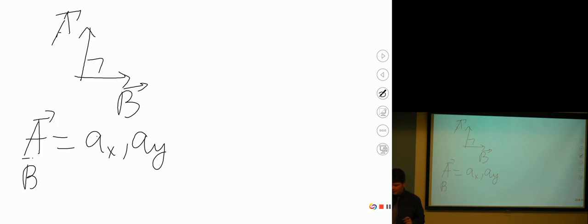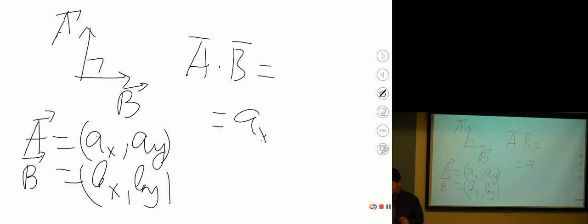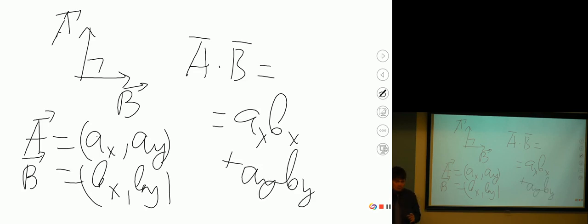B is BX, BY. And if we set up the dot product, A times B will be AX BX plus AY BY. So I hope it clicks something.